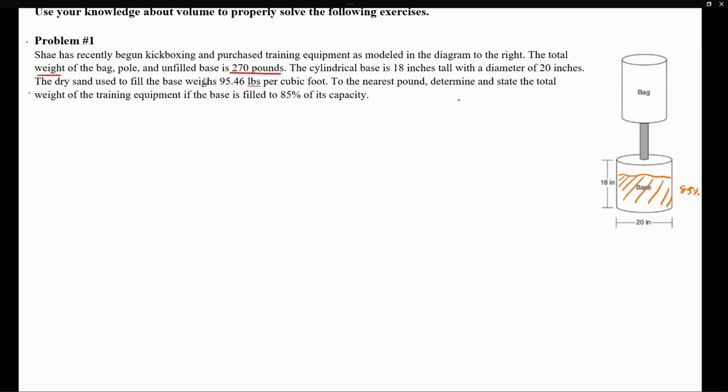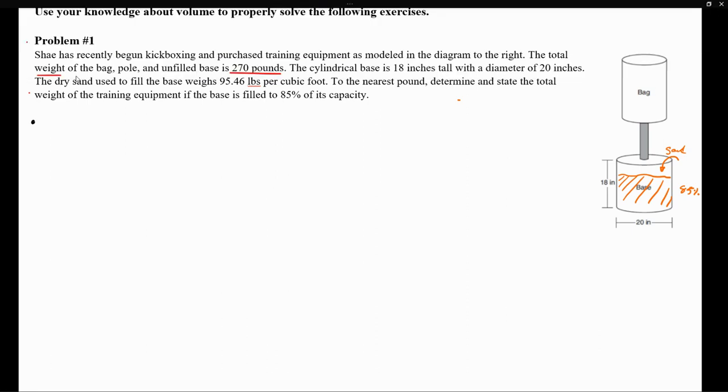And the question is, since we started at 270 pounds, what is the actual weight after the base has been filled with sand up to 85% of its full capacity? That's the question that we want to answer. We start at 270. After we fill it with sand, its weight is going to increase. What is the weight after the sand has been filled in, 85% of the base?